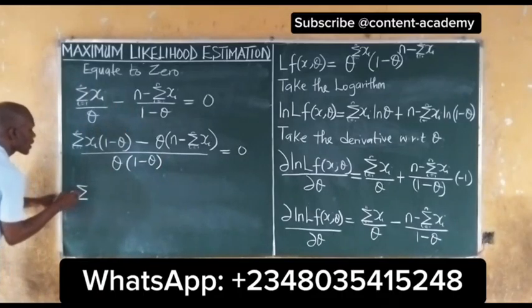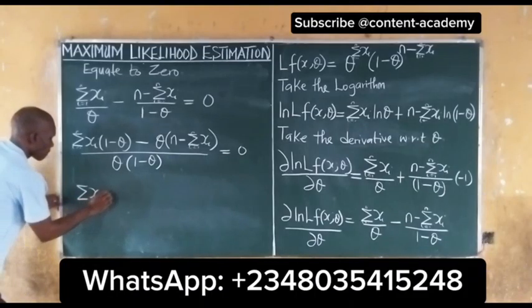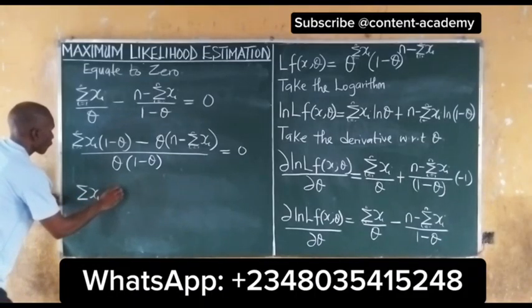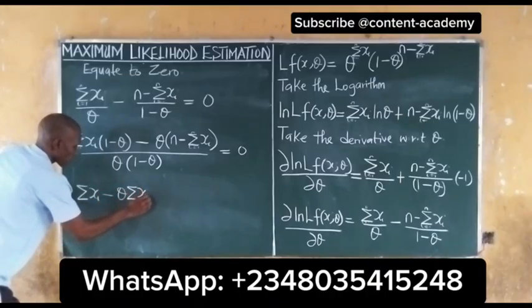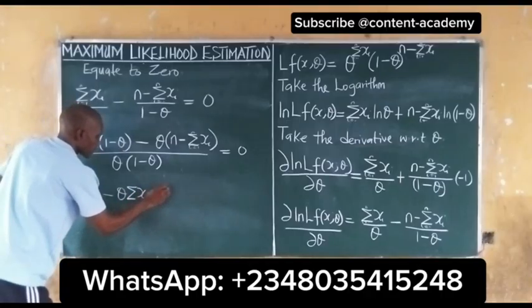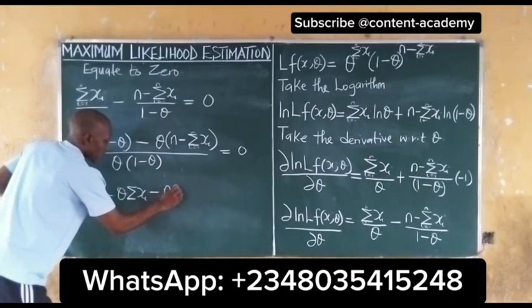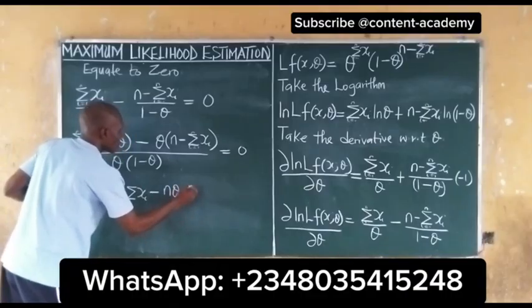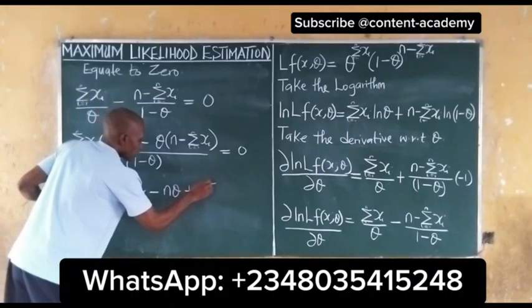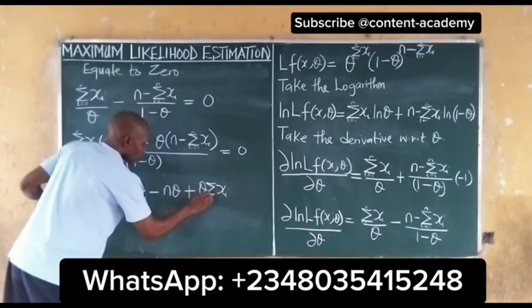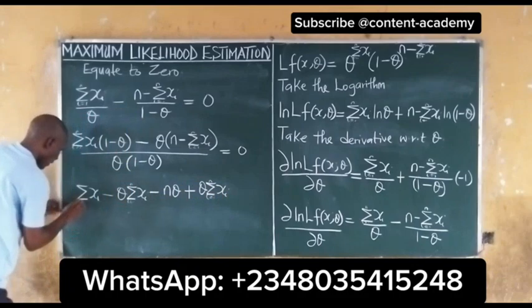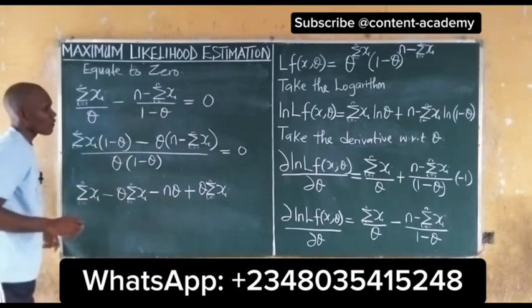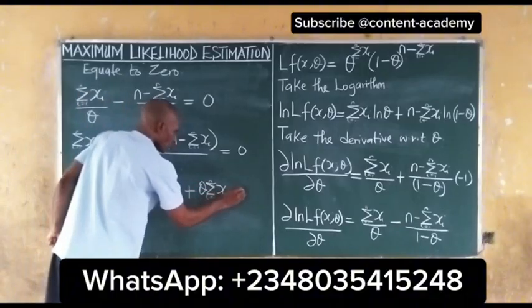If we open the bracket, we get summation of xi minus theta summation of xi minus n theta plus theta summation of xi, as i running from 1 to n. Of course, this is equal to 0.